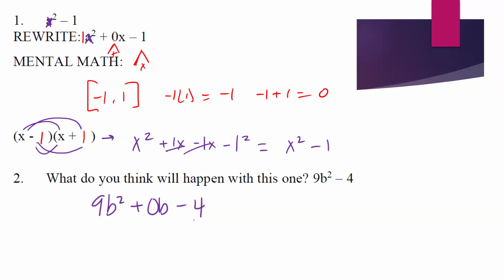So it doesn't make it an easy problem. I can't just say what multiplies to give me -4, but adds to give me 0. I'm asking what multiplies to give me my C times my A, which is -36, and what adds to give me my B, my middle term, 0.